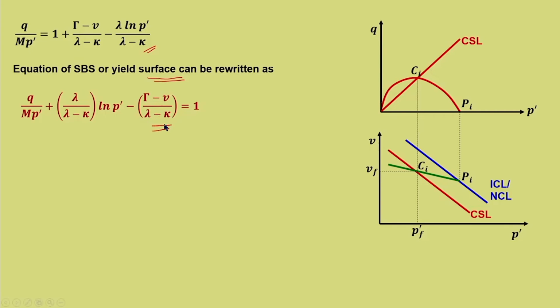So this is the equation for the yield curve which is represented by the Cam Clay, original Cam Clay model, and you can see that lambda, kappa, m, these are all the critical state fundamental parameters of soil. So what we have done, we have defined the yield curve in terms of fundamental soil parameters which is coming from the critical state framework.